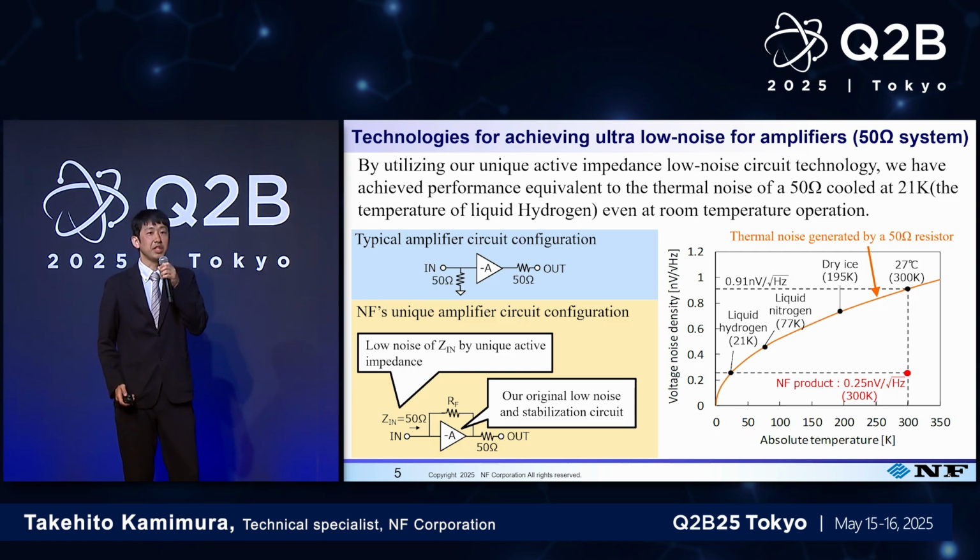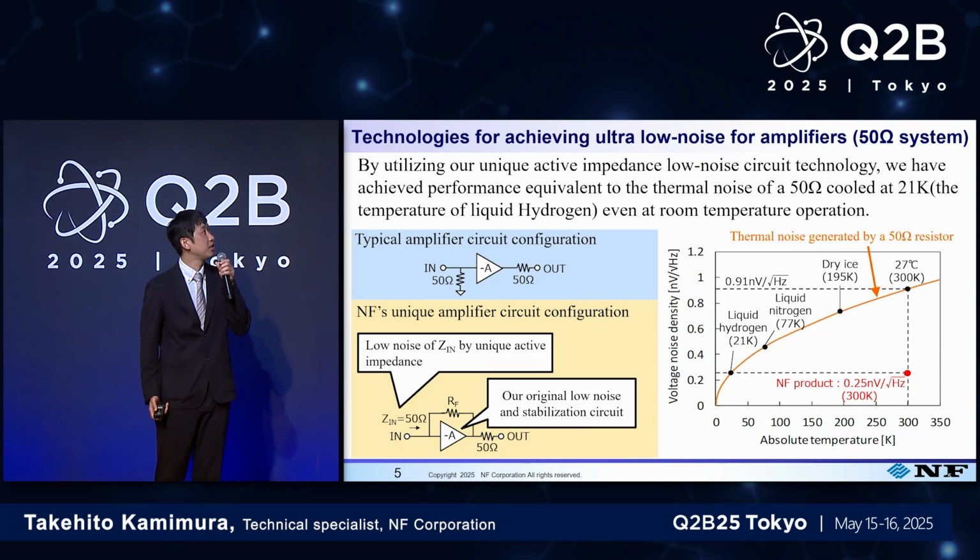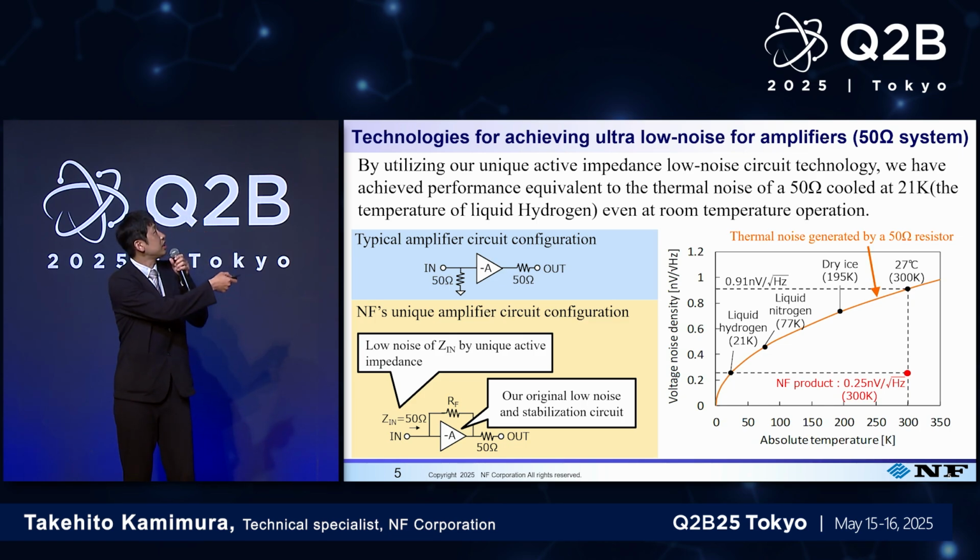In the gate style computer, we need a high frequency amplifier, which is around 50 ohm.